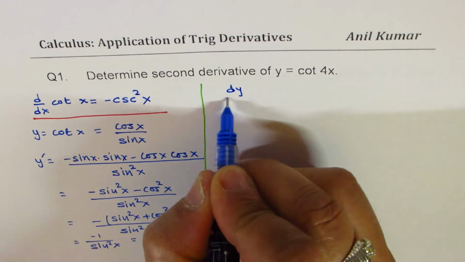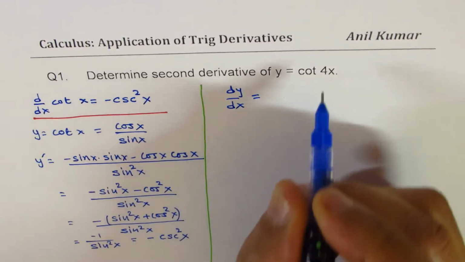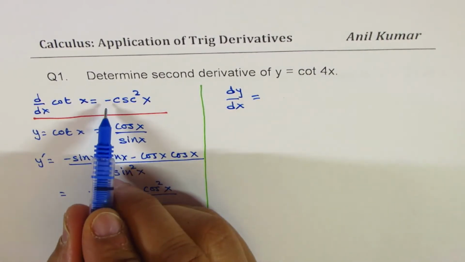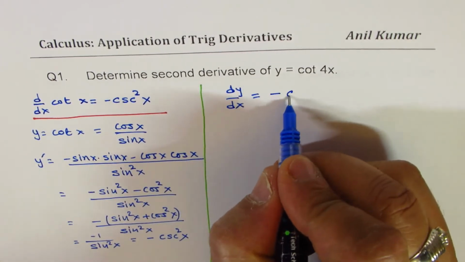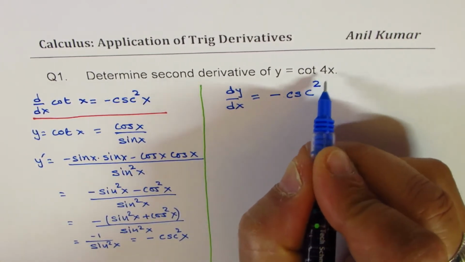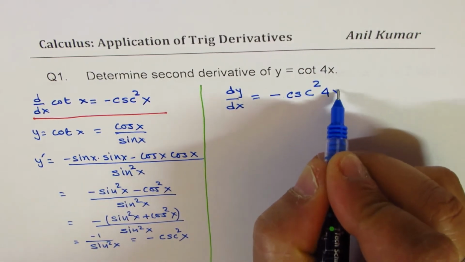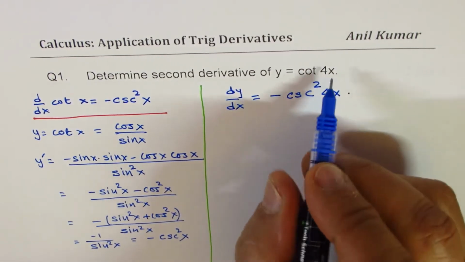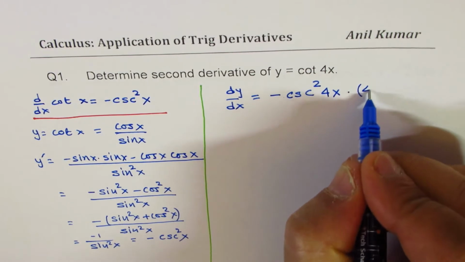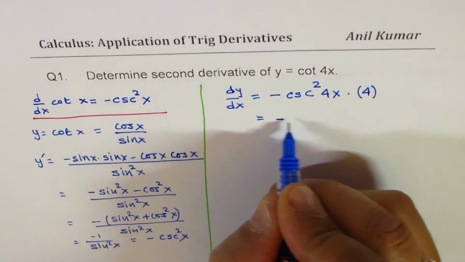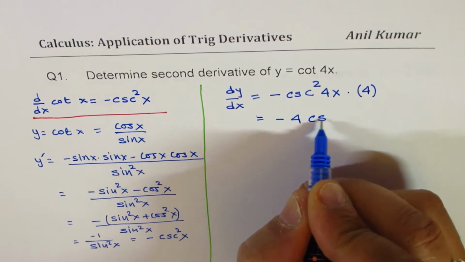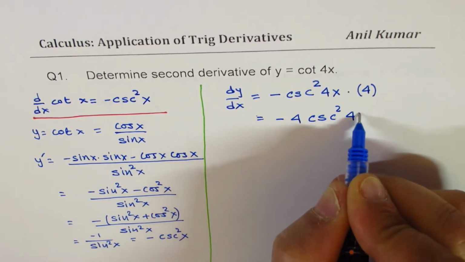We get dy dx for cot 4x: derivative is minus cosecant square, so we'll write this as minus cosecant square 4x, since 4x is the argument, times derivative of inside function, which is 4. Is that clear? So you could write this as minus 4 cosecant square 4x.